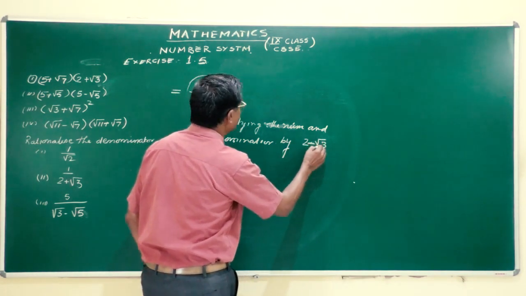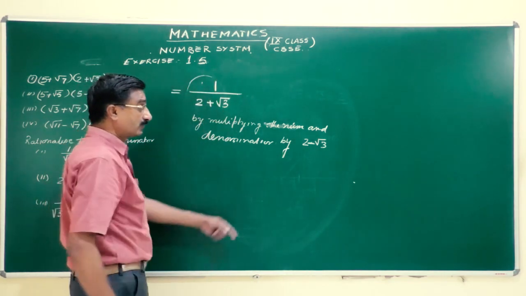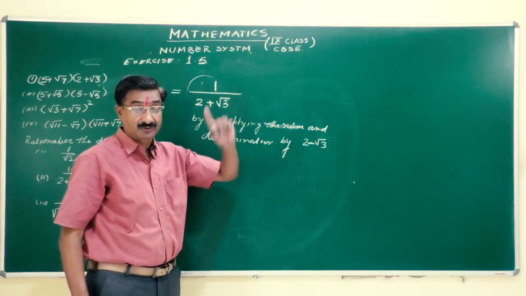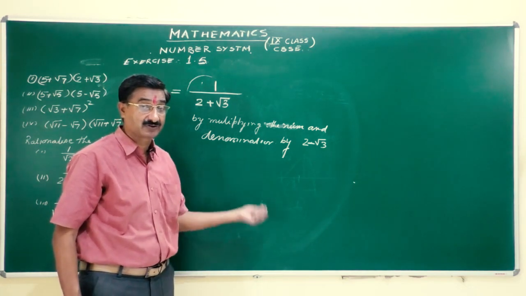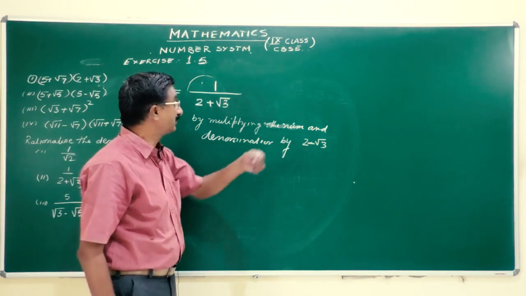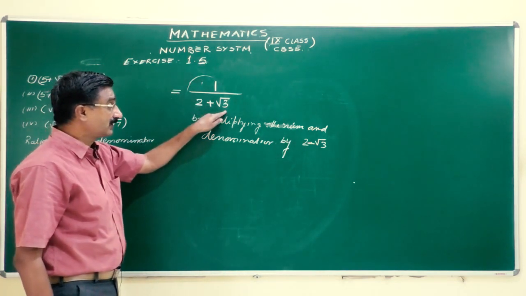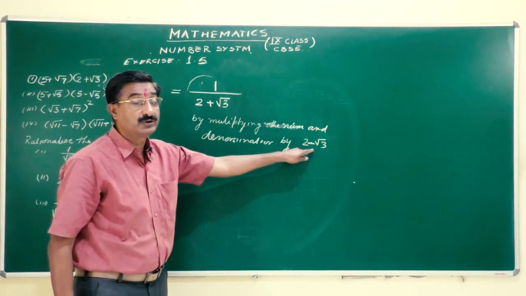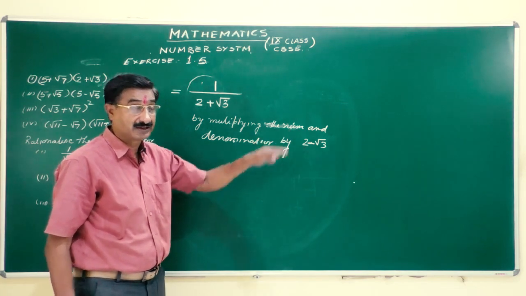Keep in mind, here 2 plus root 3, so we will multiply it by 2 minus root 3. Why? You can understand while I solve this problem, you can very easily understand why I have taken the opposite sign. If here 2 minus root 3, then you have to multiply it by 2 plus root 3.